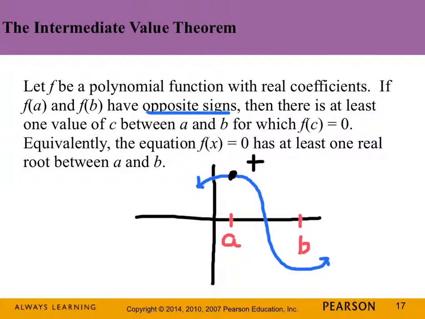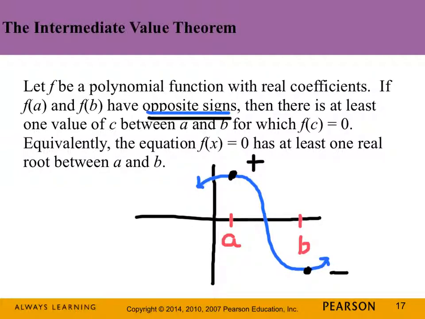Okay, let's look at this function again. This point right here would be b, f of b. Well, the height of the function there, f of b, has to be a negative number, right, if we're in that quadrant. So we realize, oh, if we go from a positive to a negative, that is definitely a sign change.